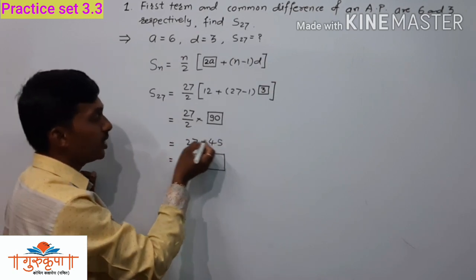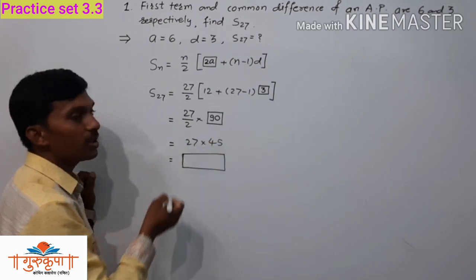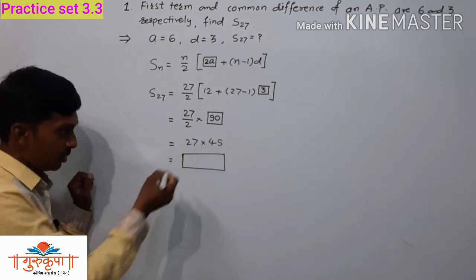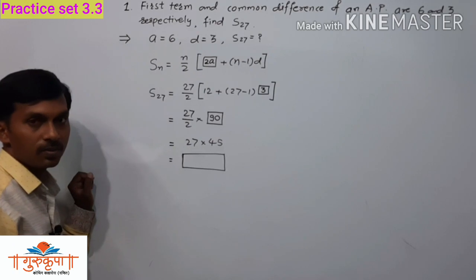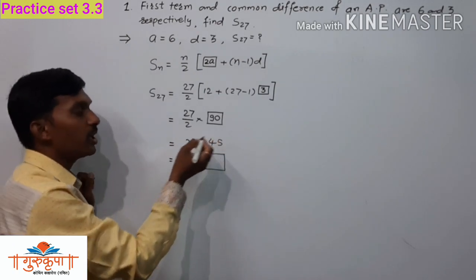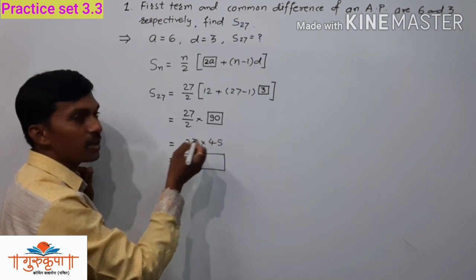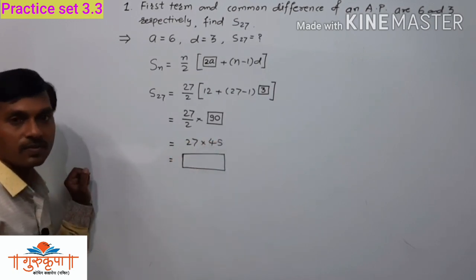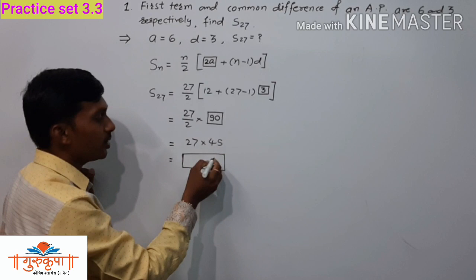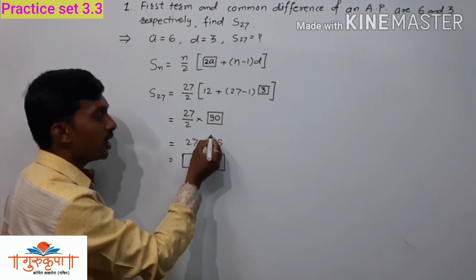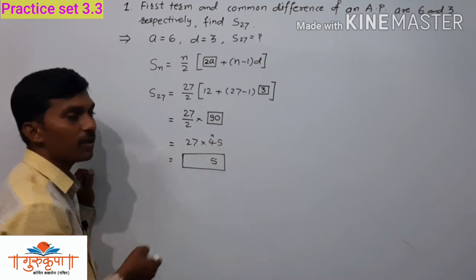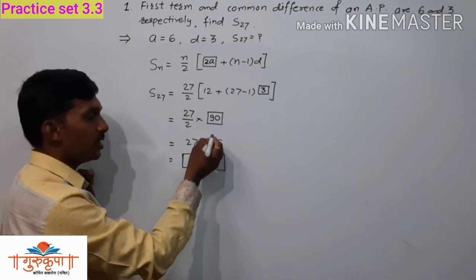Now we have to take the product of 27 multiplied by 45. 27 5s are 135. So 5 as it is, 13 carried.